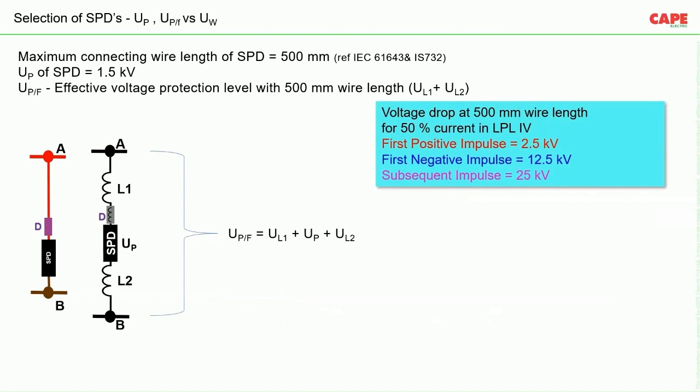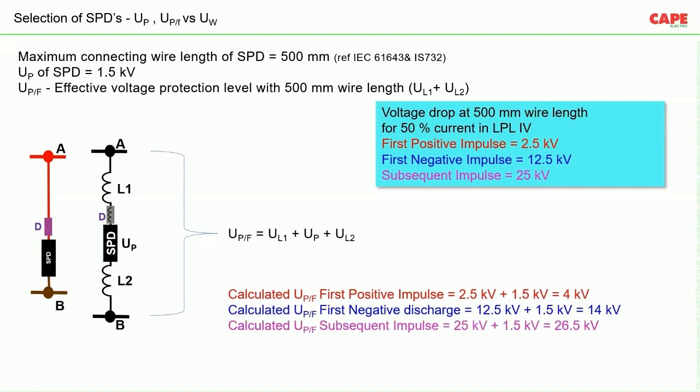We have seen that in LPL 4, the first positive impulse had a di/dt of 20 kA/µs and a current of 100 amperes. So we have calculated that the first positive impulse will have a voltage drop of 2.5 kV. The first negative impulse will have a voltage drop of 12.5 kV. A subsequent impulse will have a voltage drop of 25 kV.